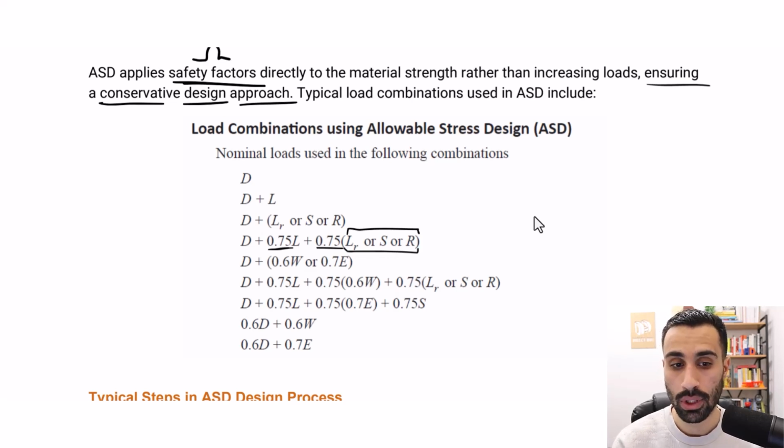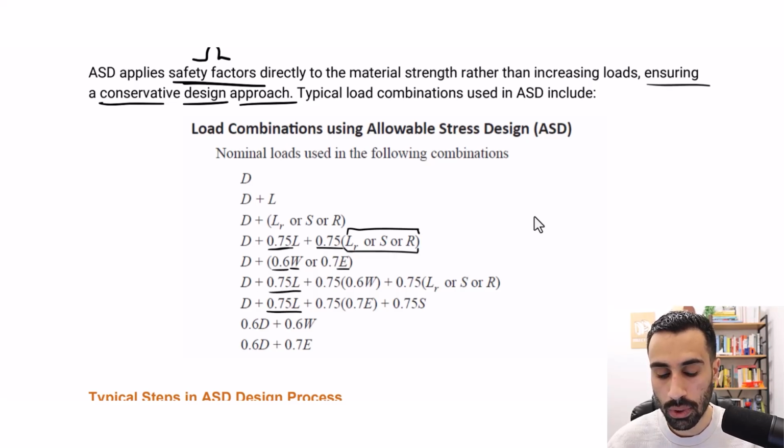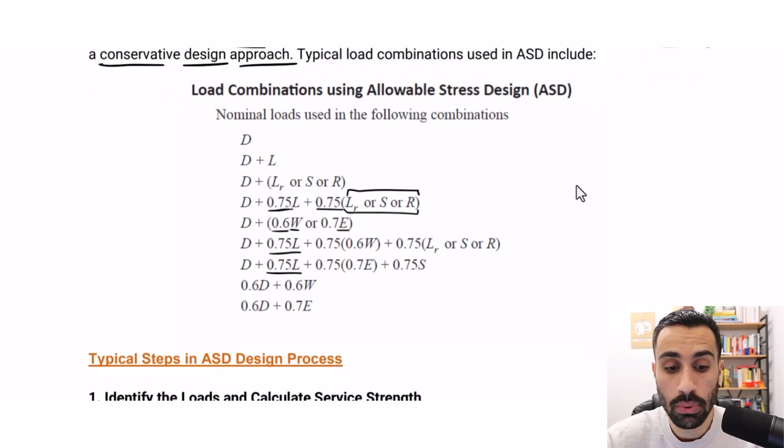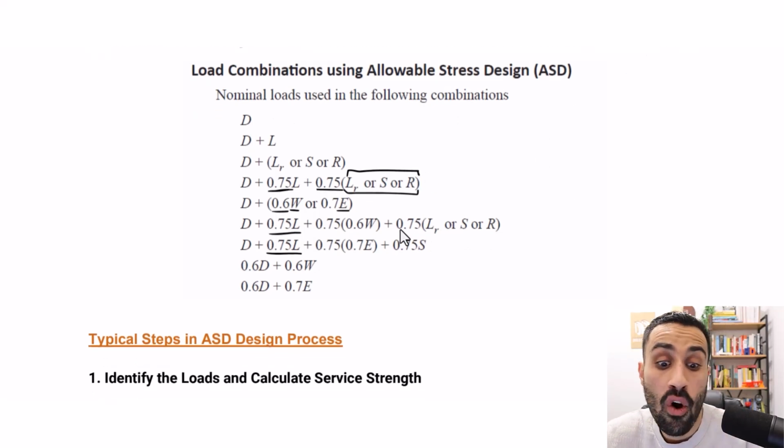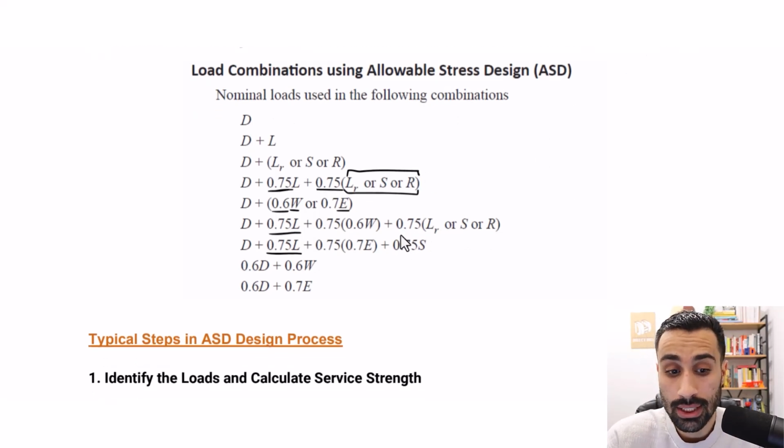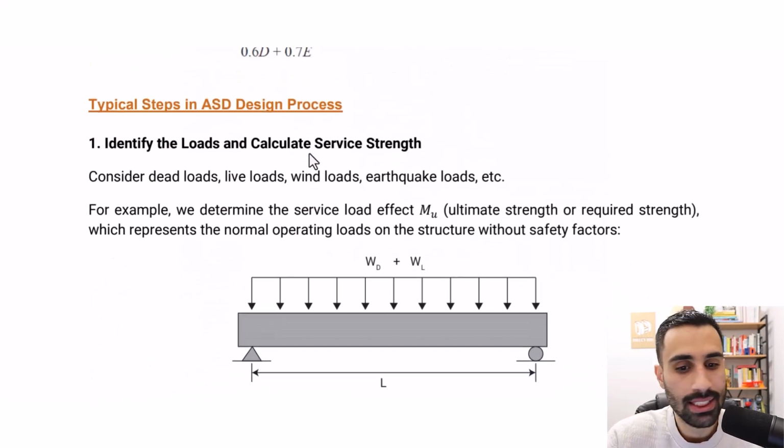We can do that per the standard. And we do the same with the wind and earthquake. We're not increasing for this one because it's very unlikely that all of these will occur at the same time as the service loads. But in the end, just remember, we're using the real service loads for ASD.